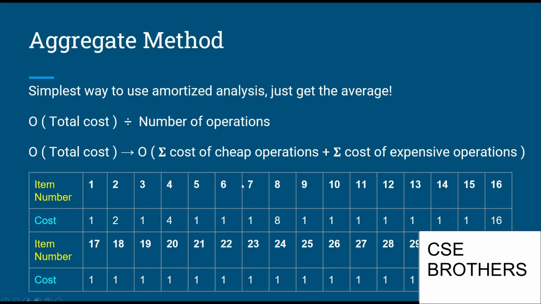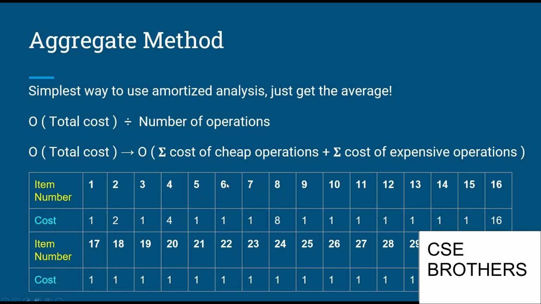First, let's understand what the cheap and expensive operations are. The cheap operations are the ones which have a very low cost. For example, inserting an element where space is already allocated. That will need a cost of only one.